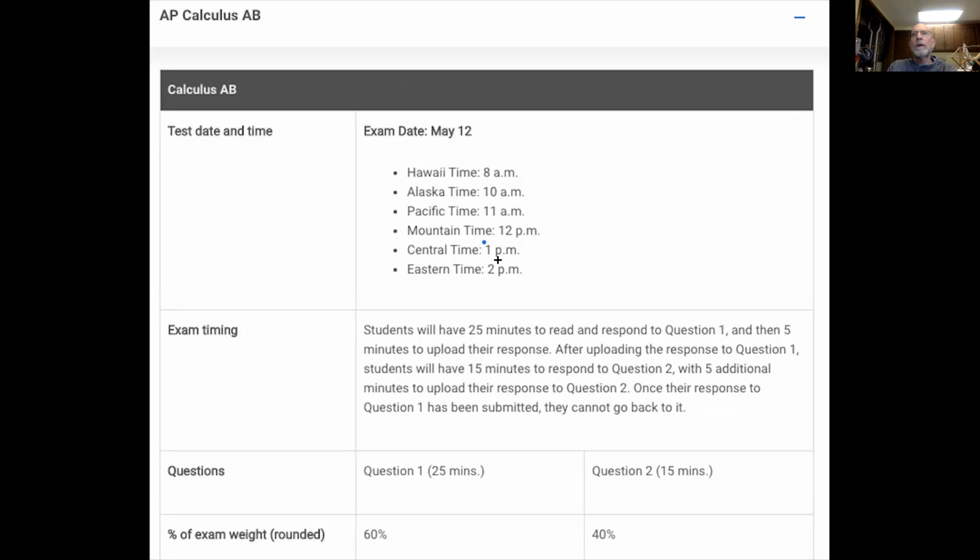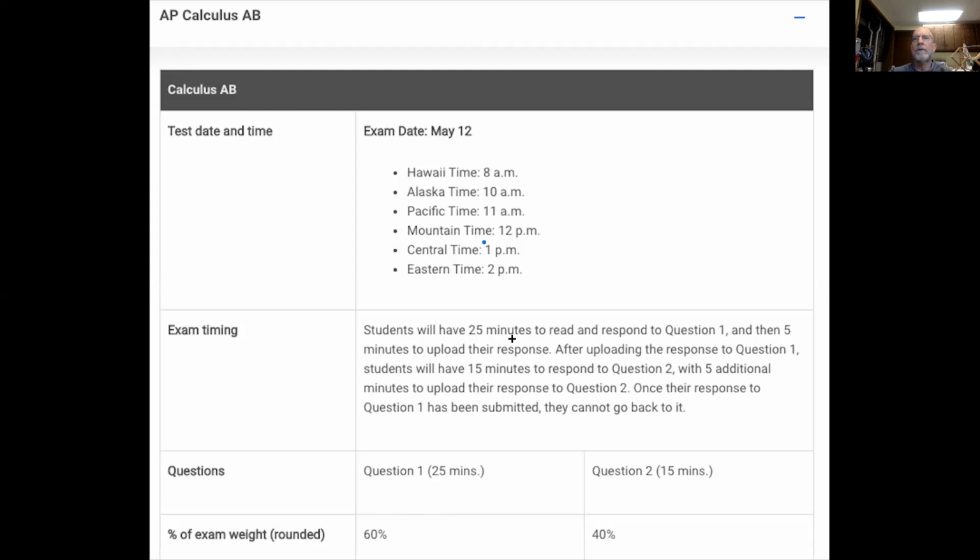You will have 2 questions and you'll have 25 minutes to read and respond to question number 1. And then you'll have 5 minutes to upload your response. After uploading the response to question 1, you'll have 15 minutes to respond to question 2, with an additional 5 minutes to upload your response to question 2.